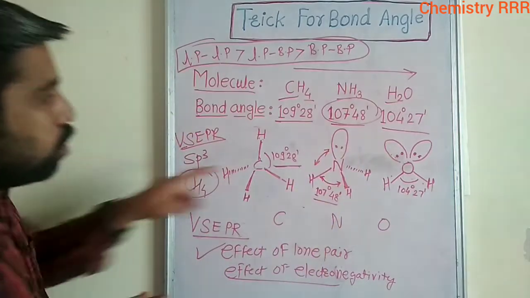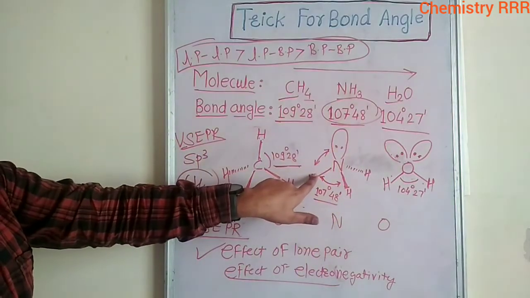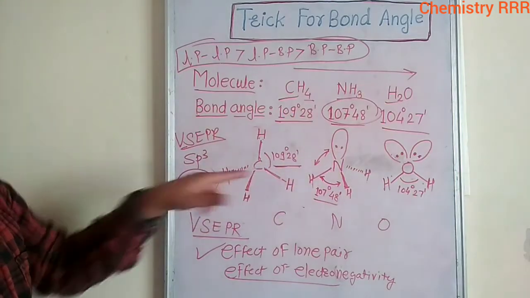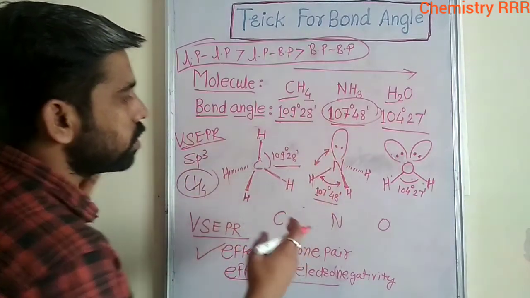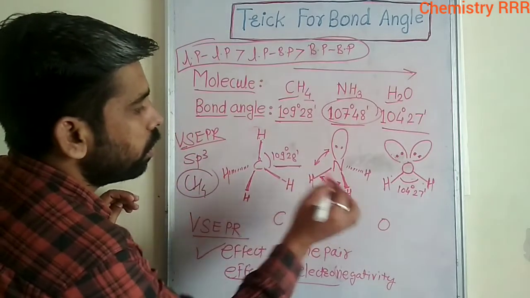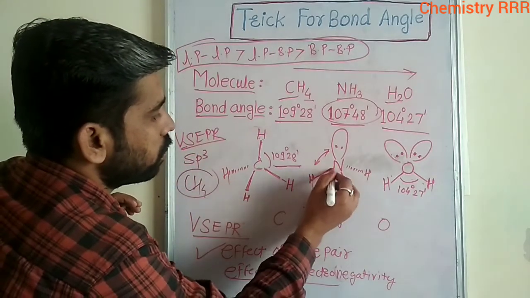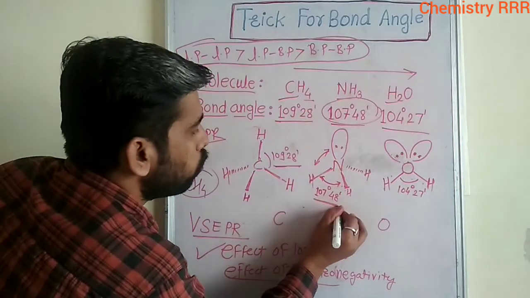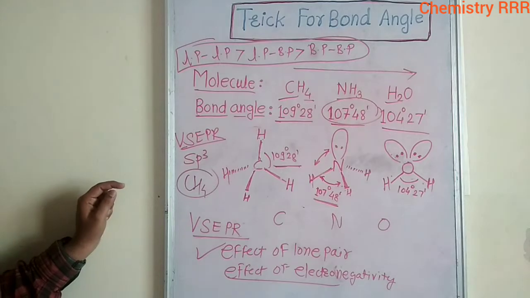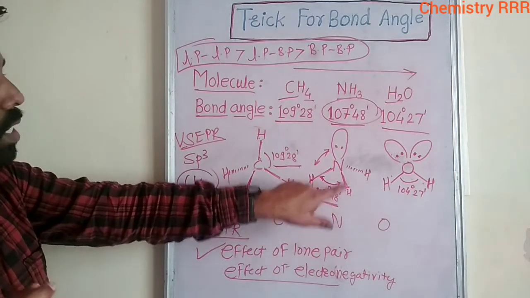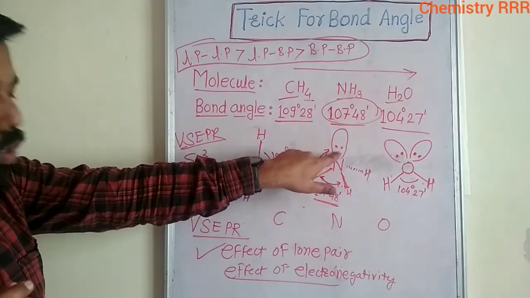There is a lone pair bond pair repulsion between the lone pair and the bond pairs, so there is a slight decrease in the bond angle between the two hydrogens.